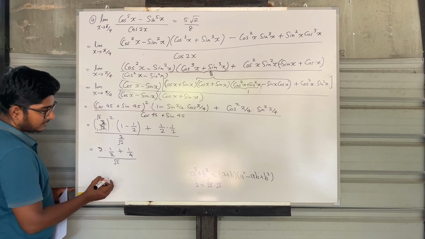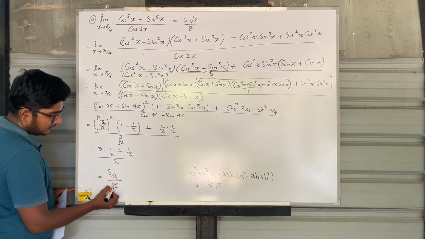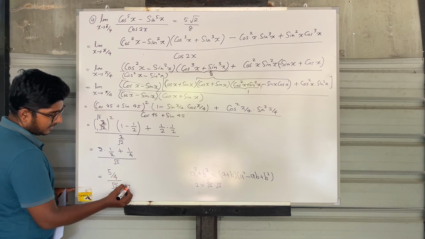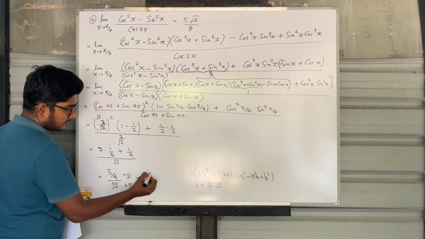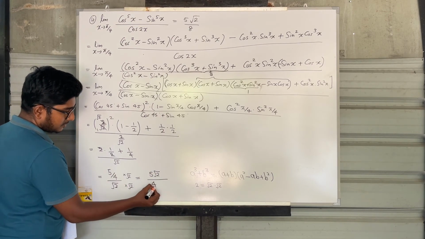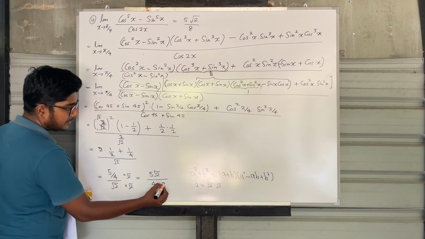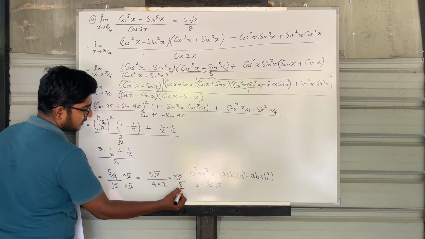So this is 1 plus 1 over 4, which is 5 over 4 square root 2. Then multiplied by root 2. Root 2 into root 2 becomes 2. Then it is 5 root 2 divided by 8.